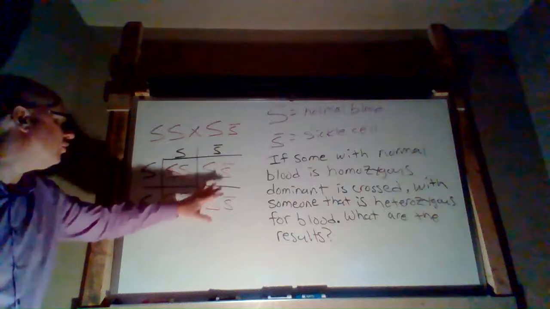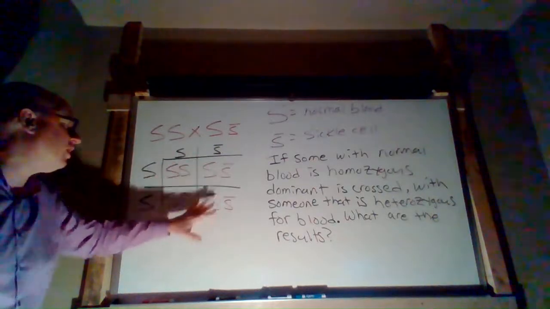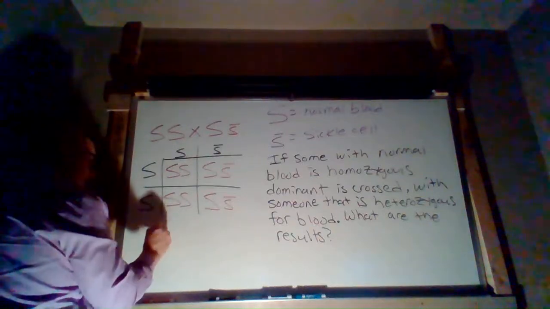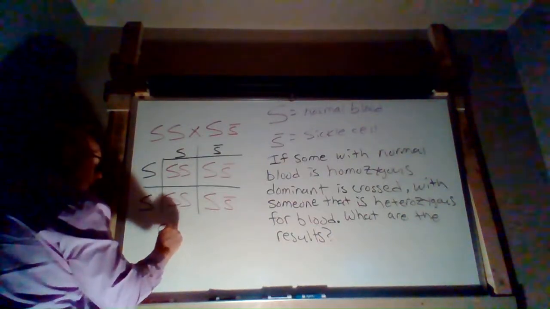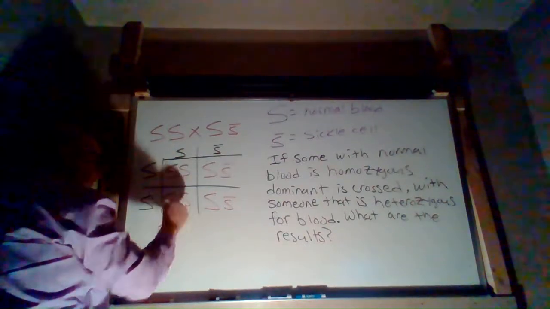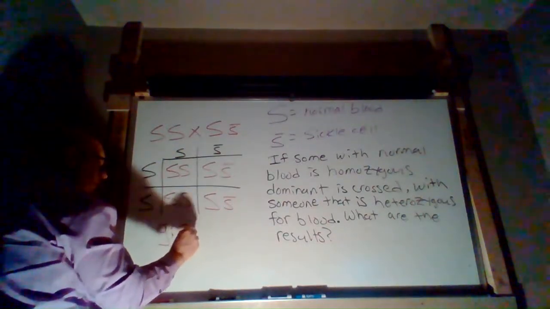So this gives you your genotype. This is its genetic makeup. Okay? So in this cross, the genotype, we've got big S, big S, big S, and big S. And we've got two of those.